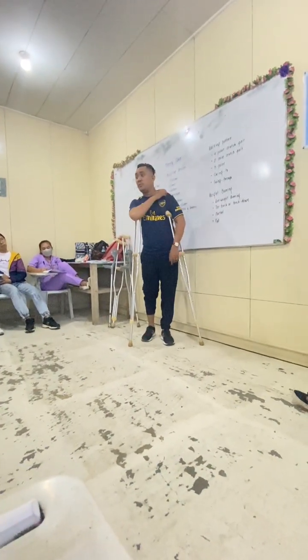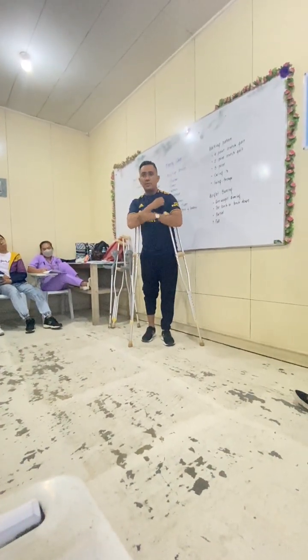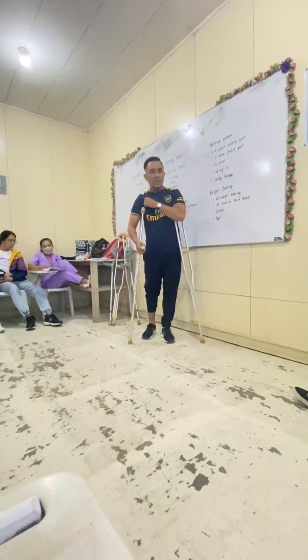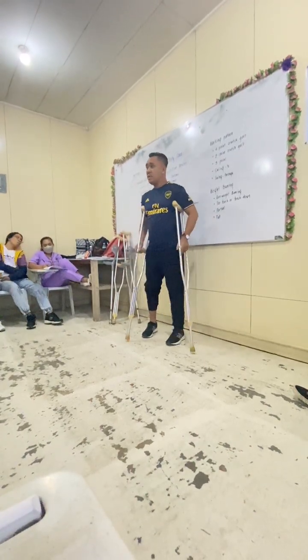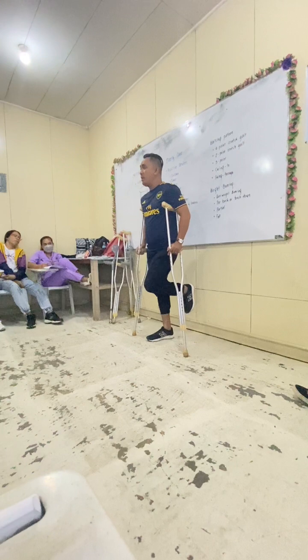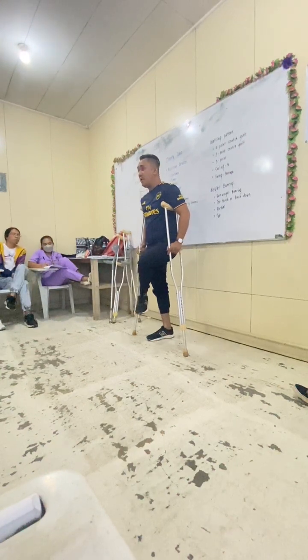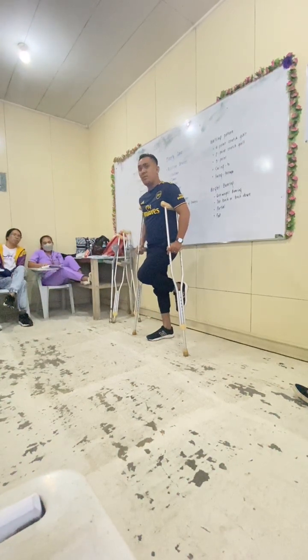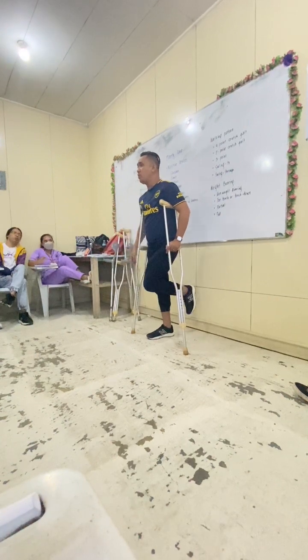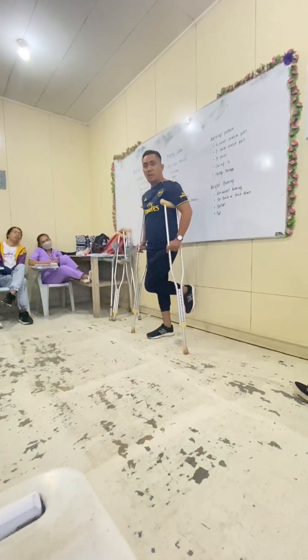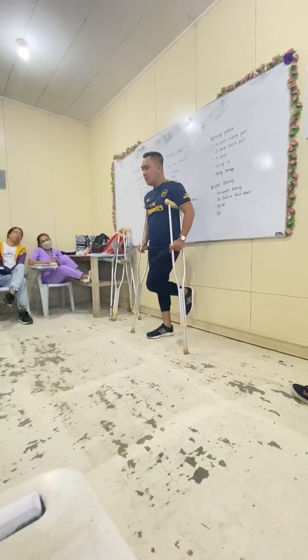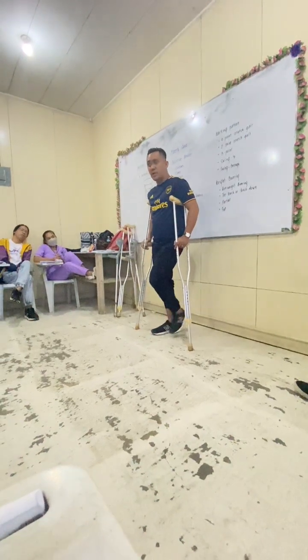Another one is toe touch weight bearing. Some of your patients will complain, sir, when I walk it still hurts. Is there anything that can help me relax during the walking pattern?